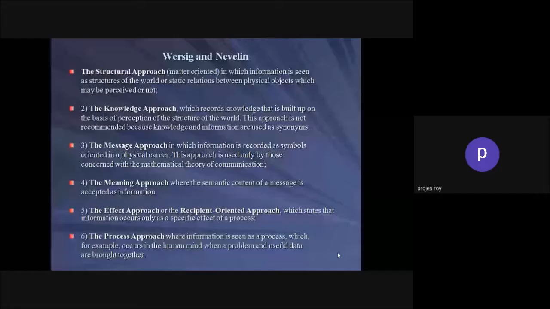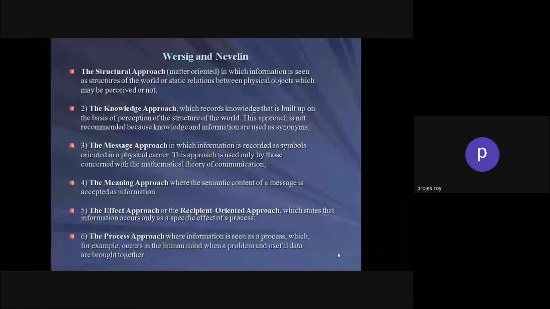This approach is not recommended because knowledge and information are used as synonymous. That means it looks like information means knowledge, knowledge means information, clubbed together somewhere. You cannot separate them. The message approach, in which information is recorded as a symbol oriented in a physical carrier. This approach is used only by those concerned with the mathematical theory of communication.